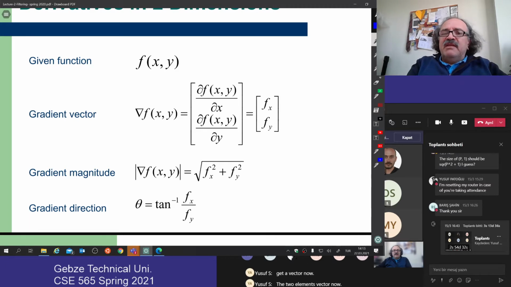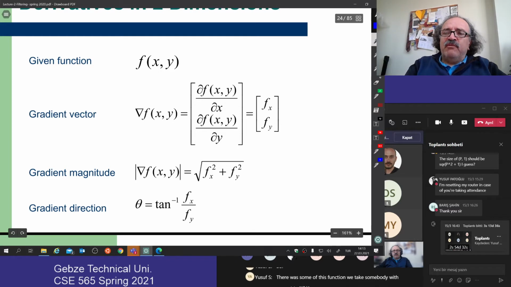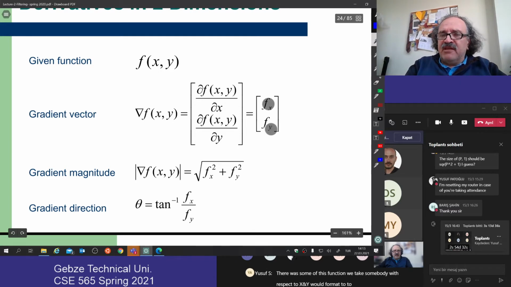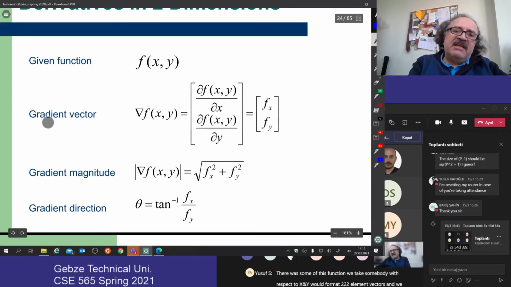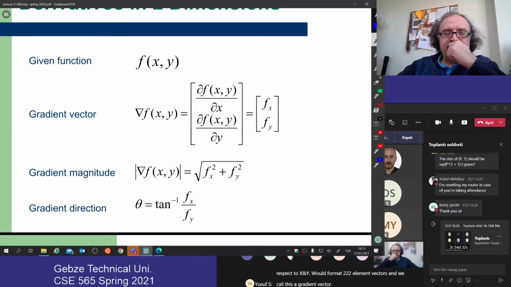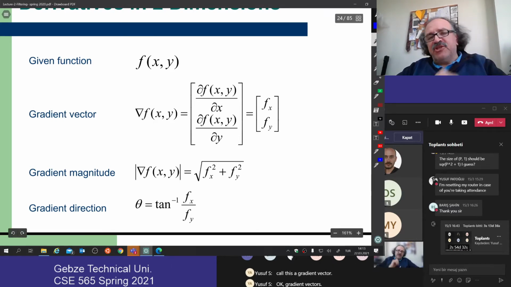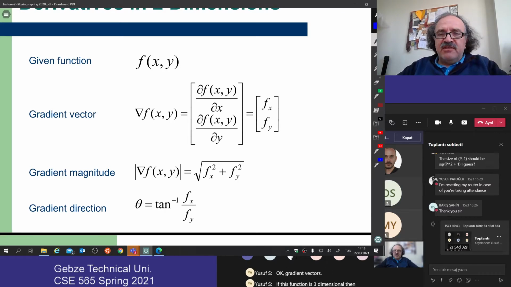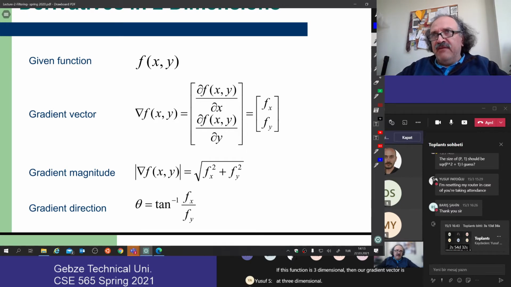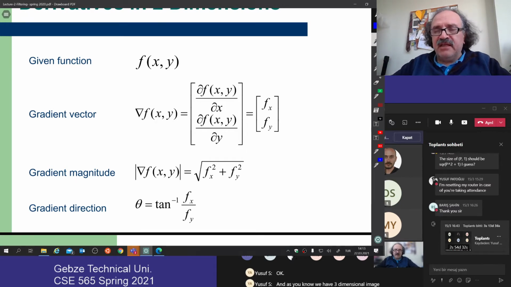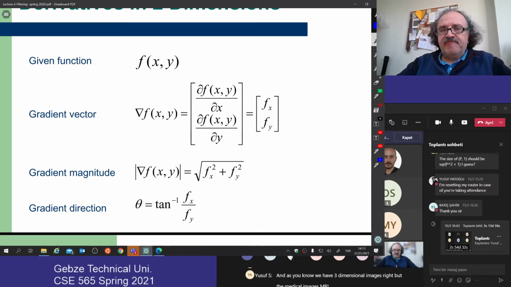So the derivative of this function with respect to x and y would form a two-element vector, and we call this a gradient vector. If this function is three-dimensional, then our gradient vector is three-dimensional. And as you know, we have three-dimensional images, right? Like the medical images, MRI images.